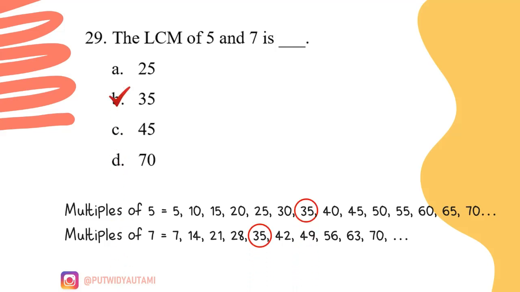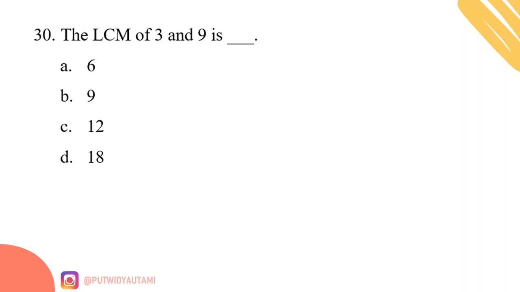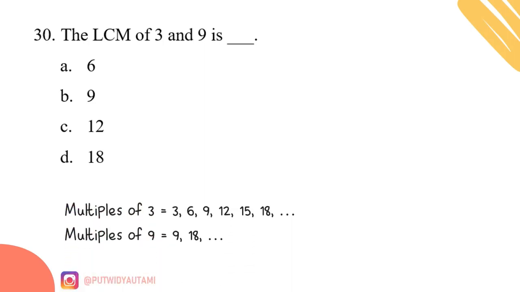Last one, 30. The LCM of 3 and 9 is, well, list the multiples of 3 and list the multiples of 9. Then, yeah, the least one, the smallest one is 9. Pretty good.